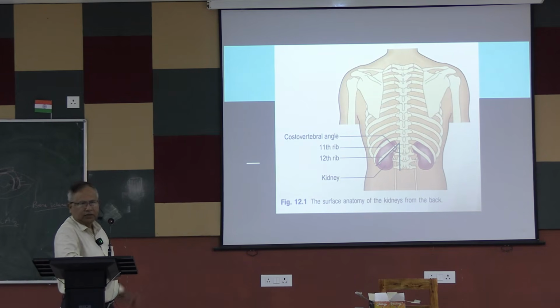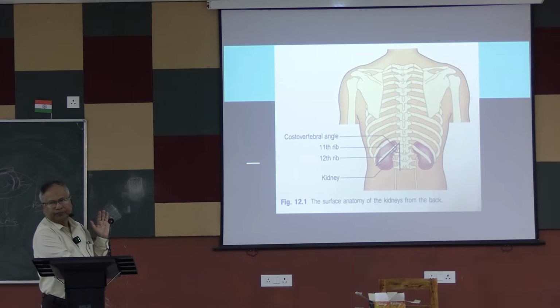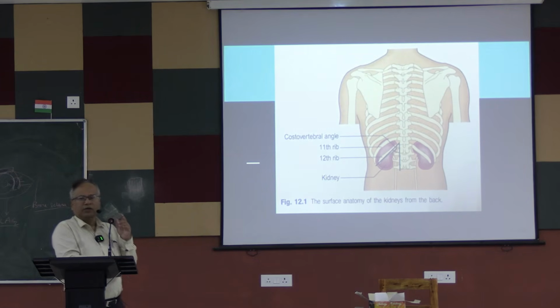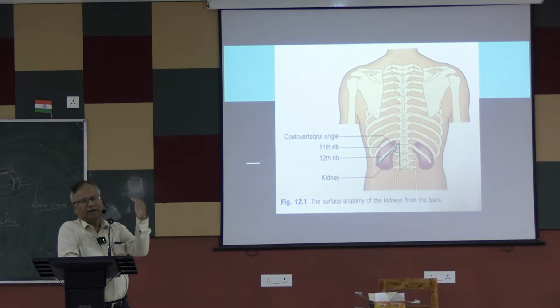As they are retroperitoneal structures, they do not move with the respiration. This is one major point by which you differentiate between an enlarged spleen and an enlarged kidney. Suppose there is a lump in the left hypochondrium and the examiner is asking you, how can you differentiate between an enlarged spleen or an enlarged kidney?